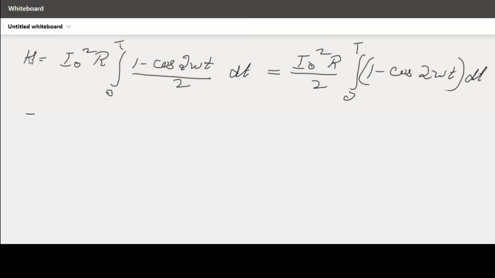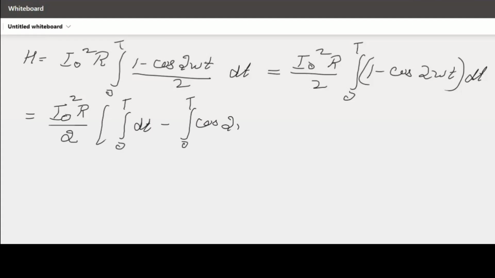So now the next step, first of all write down the constant terms. After writing the constant terms, we are going to do integration of each term. So this is cos 2 omega t into dt.